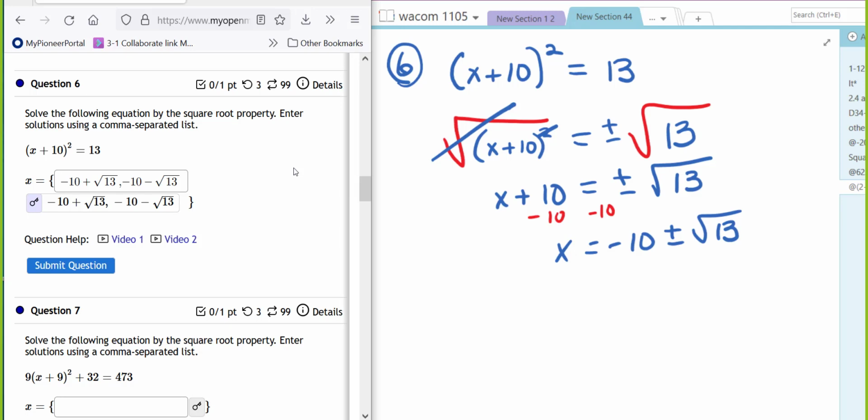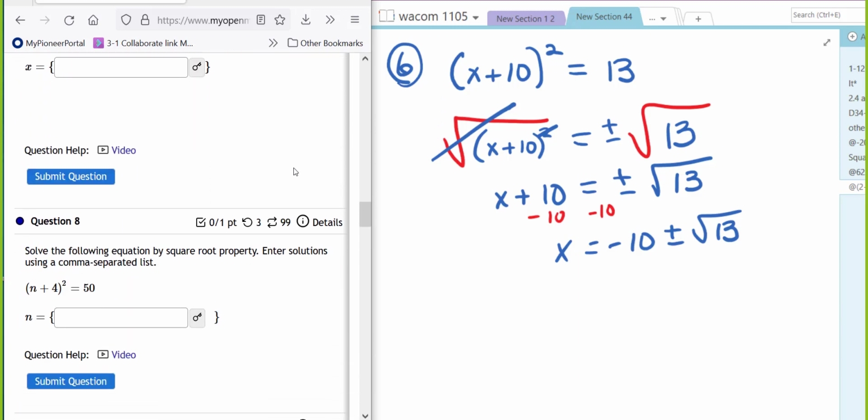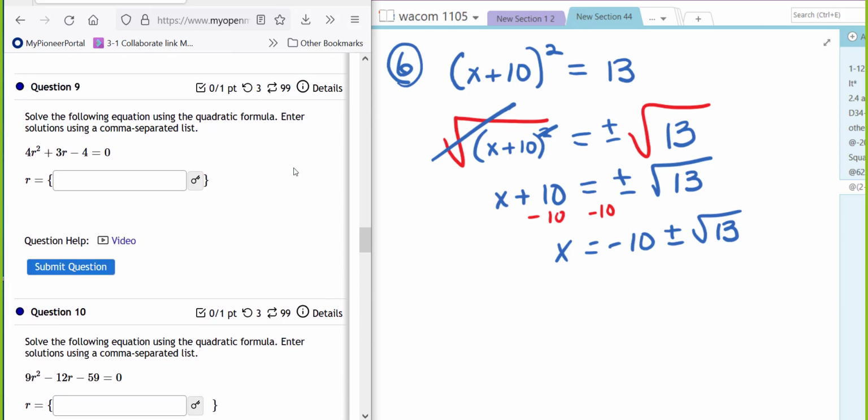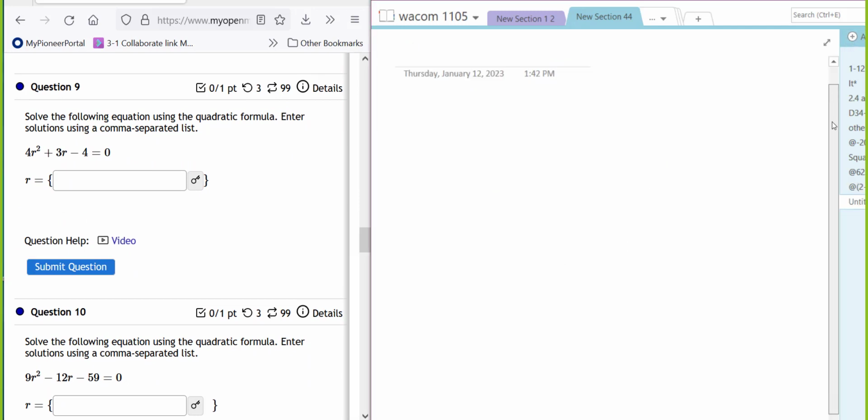Right, next I went to quadratic formula for problem number 9. And they told us quadratic formula.